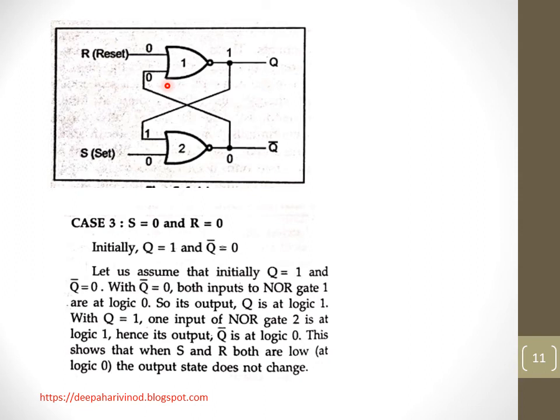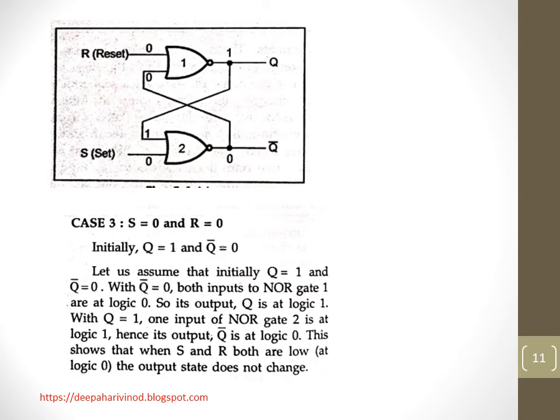So the output of Q is at logic 1. With Q equal to 1, one input of NOR gate 2 is at logic 1. See, this becomes 1. So that 1 comes here along with the other input as 0. So 0, 1. Hence its output Q bar is at logic 0. That shows that when S and R both are low, at logic 0, the output state does not change. It retains the previous state.